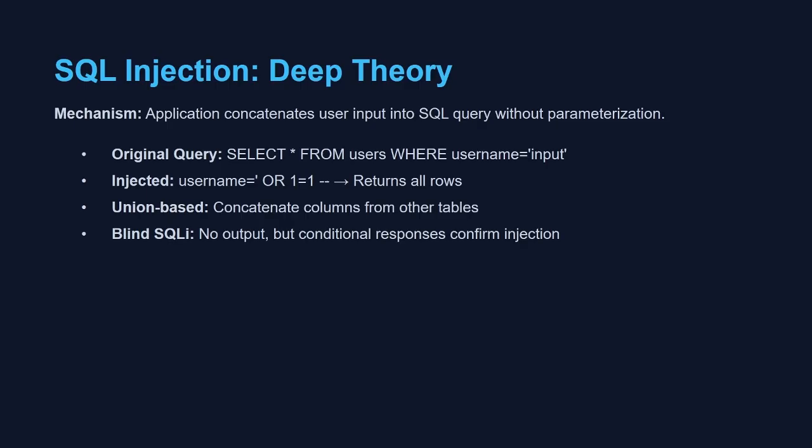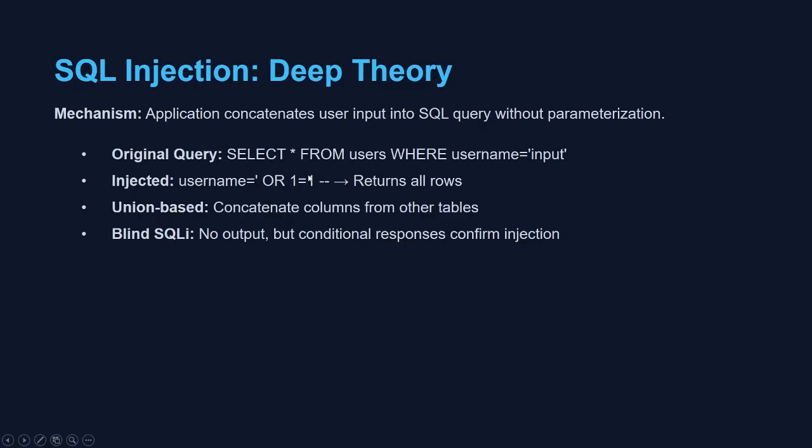So let's say this is the original query, if you know SQL: select asterisk from users where username equals input. An attacker can just type inside the username this command: ' or 1=1.